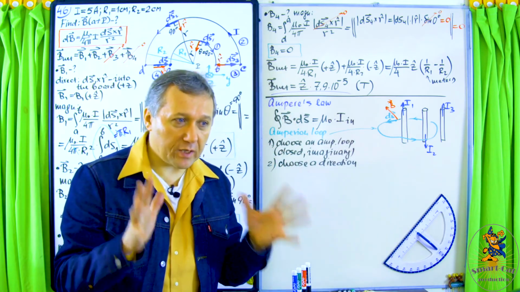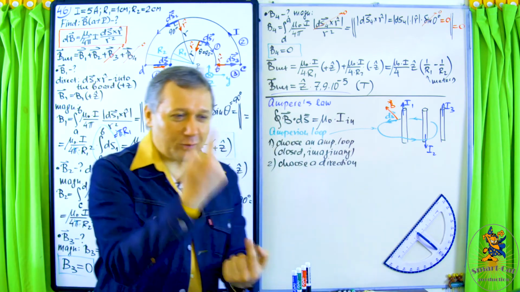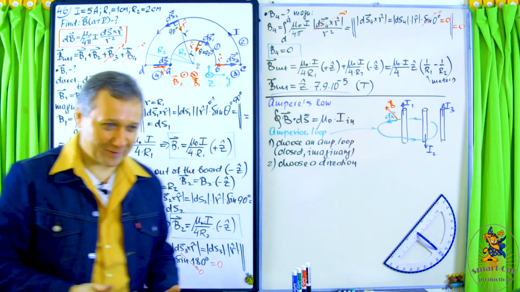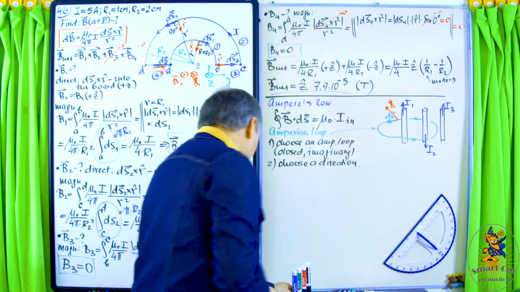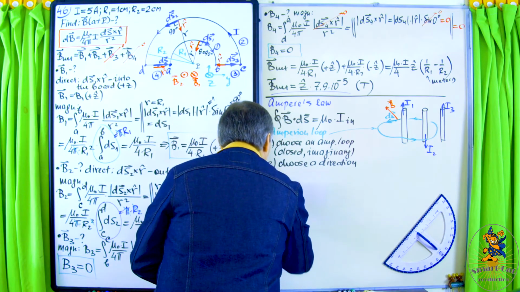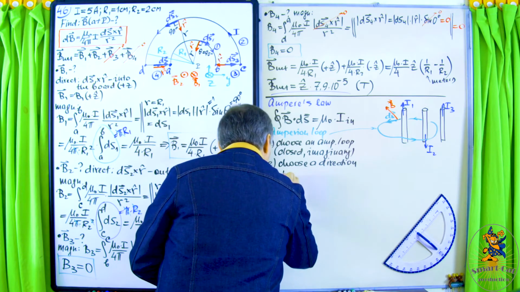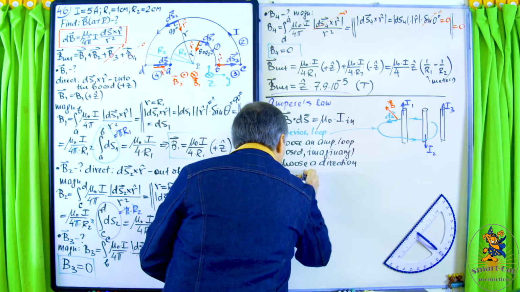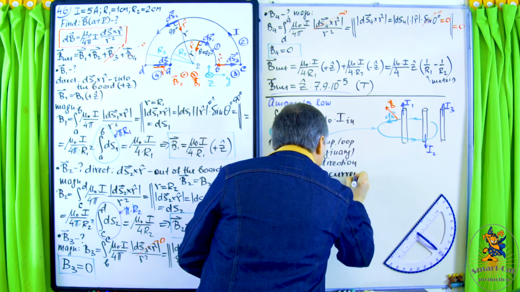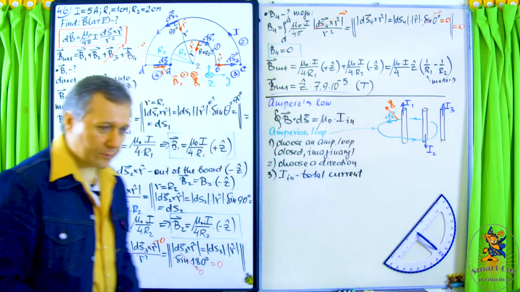And all the time in our problems, all the currents will be parallel to each other or anti-parallel. So there won't be some weird angles, right? All right. So then after this, you can take care of the I enclosed. I enclosed, it's a total current. Okay, total amount of current, of course.